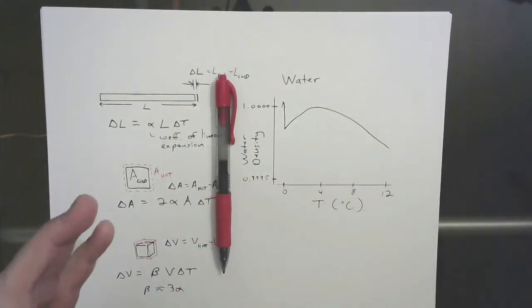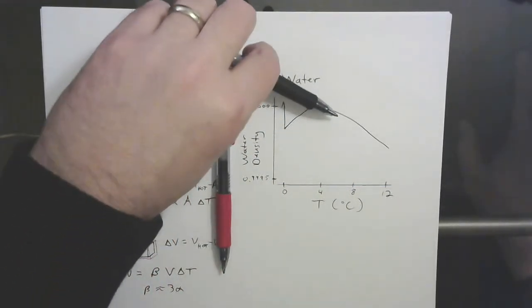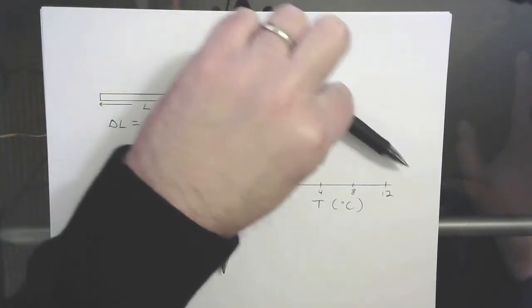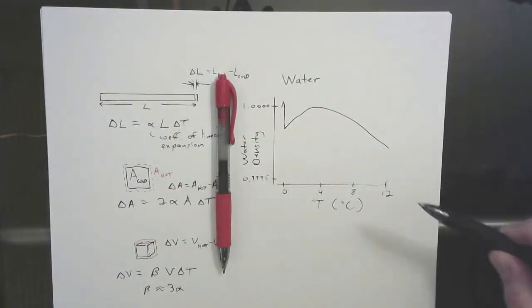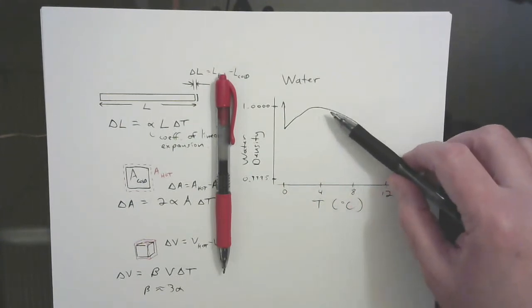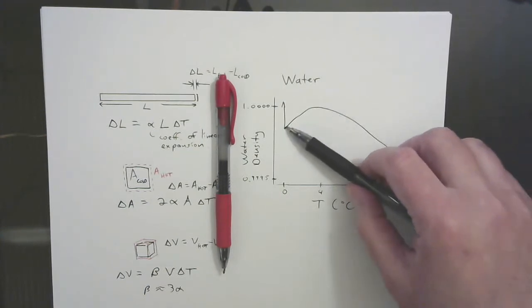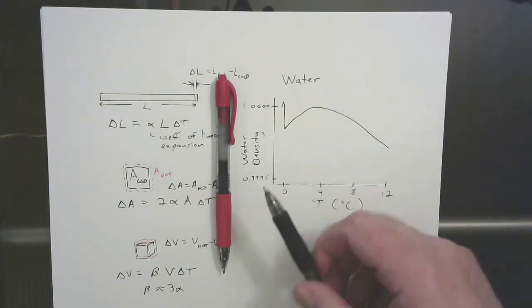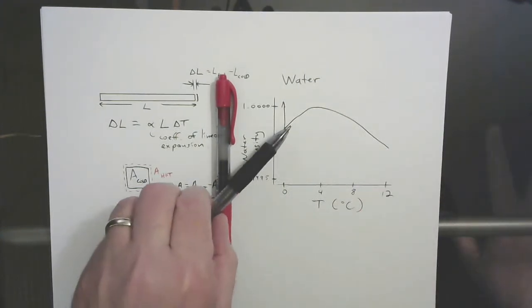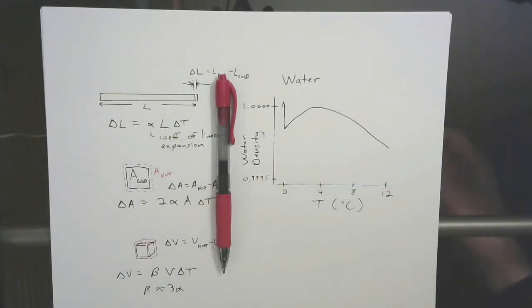So they're expanding. They should get lower density as you increase the temperature, and that happens with water up here. So that's the right behavior up there. But then there's this really interesting behavior right next to the freezing point, where water actually turns over, and it's the opposite. As you heat it up, the density is increasing. It's actually shrinking a little bit, and that turns out to be super important.